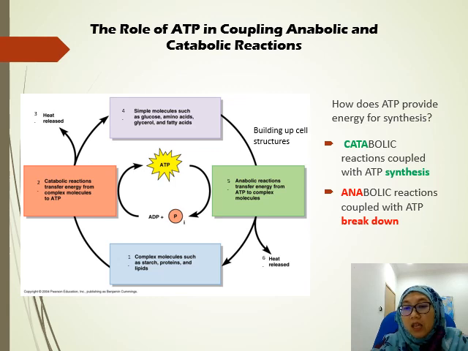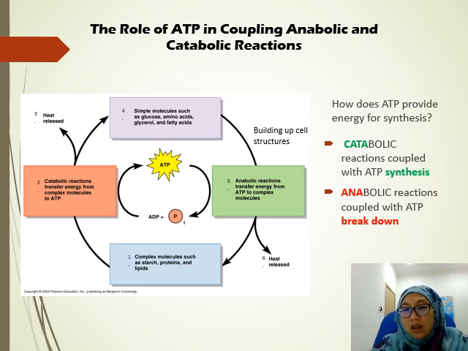Some of the energy is also released as heat. During these catabolic reactions, the complex molecules form simple molecules such as glucose, amino acids, glycerol, and fatty acids. These molecules are the building blocks to build up the structures in the cells.